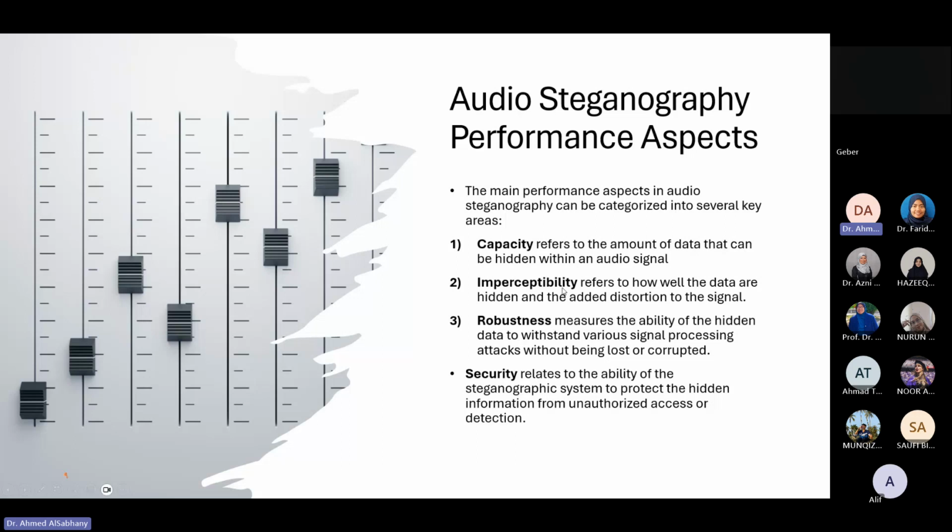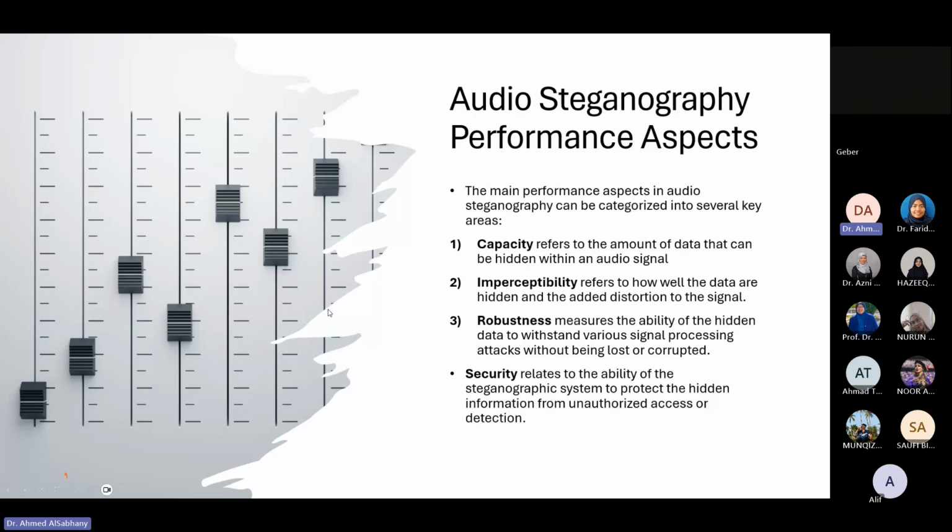The other one is the imperceptibility, which refers to how well the data are hidden and the added distortion to the signal. Basically, the quality of embedding. If we are creating low distortion, then this is considered an imperceptible method.